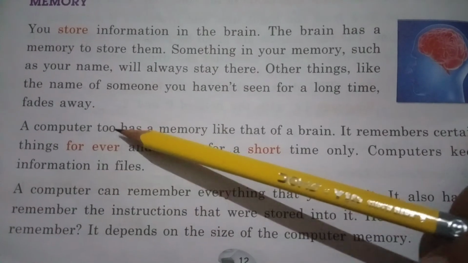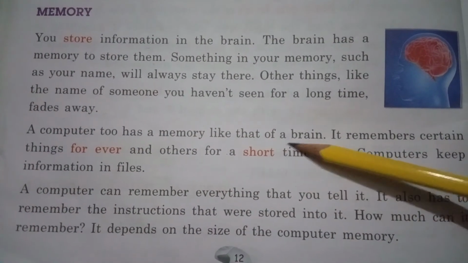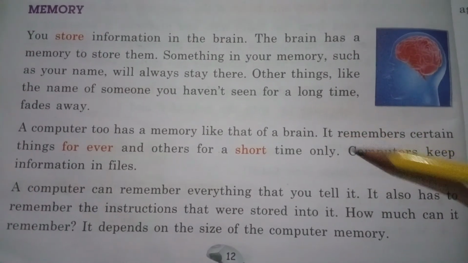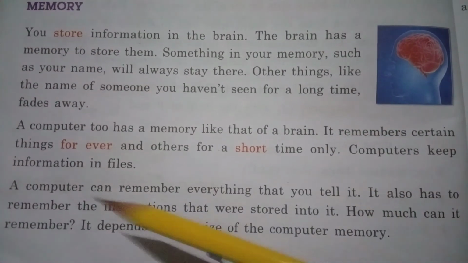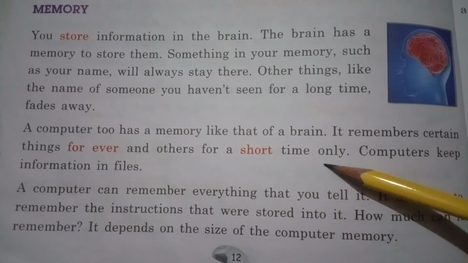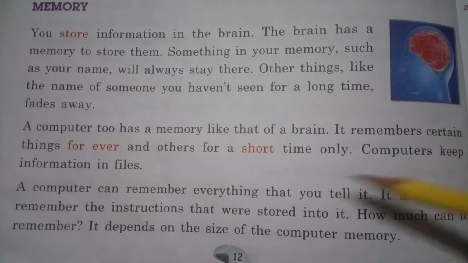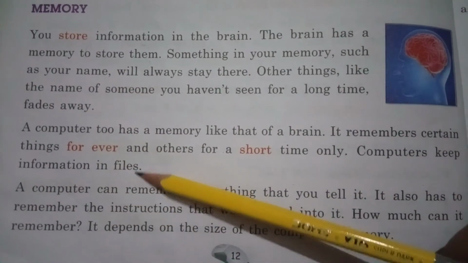A computer too has a memory like that of a brain. It remembers certain things forever and others for a short time only. Computers keep information in files.